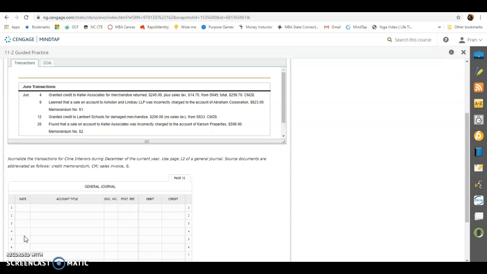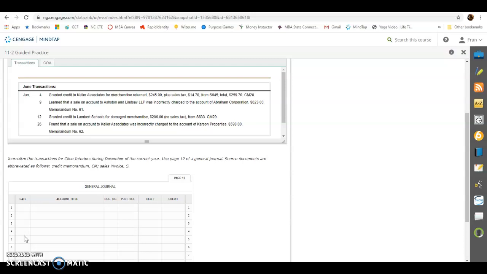In this case, this is a sale that we made that returned their stuff to us, and we charged them tax for it. So we're going to have to return their purchase price plus the tax for the whole total.